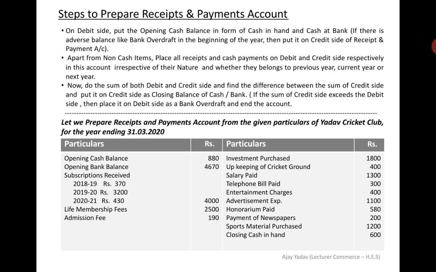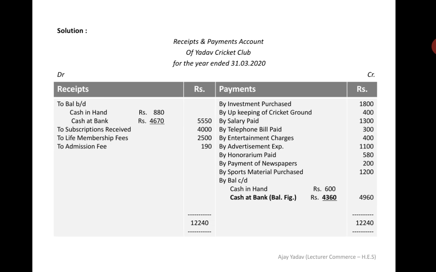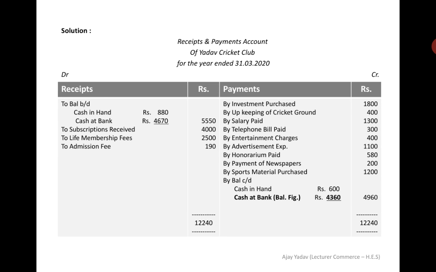So this is the solution of the example given. We put the opening balances in the form of opening cash in hand and cash at bank. We place subscription received, life membership fees and admission fees all on the receipt side, and on the payment side we put all the payments made during the year.